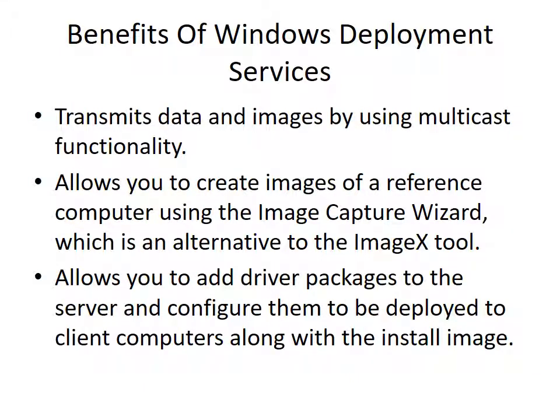It also transmits data and images by using multicast functionality, which means if you have, let's say, 30 computers you're imaging, rather than all 30 computers downloading the file separately, the multicast functionality allows the WDS server to effectively broadcast the download of the information one time versus having to do it 30 times.